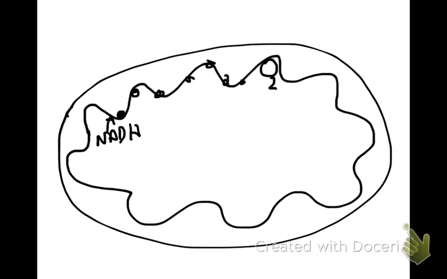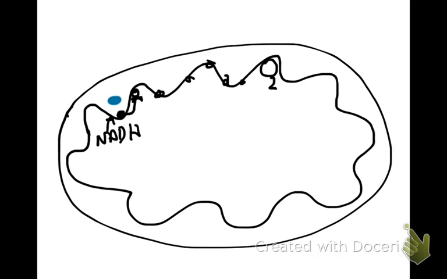Okay, so now this first guy, because he has gotten the electrons, he is reduced. Then what he does is he transfers the electrons to this guy.